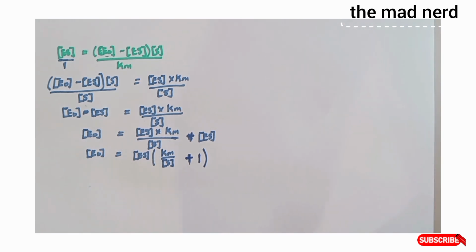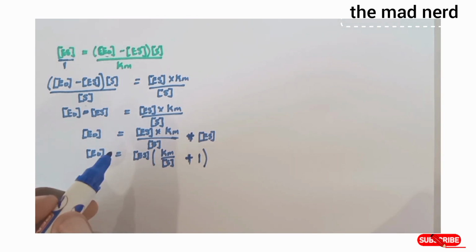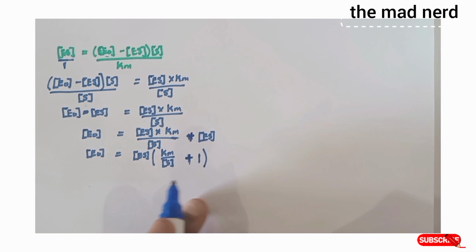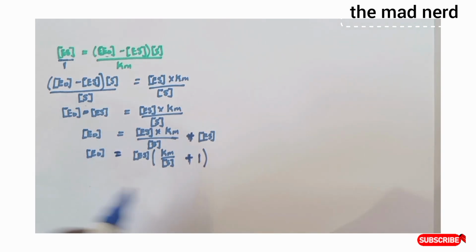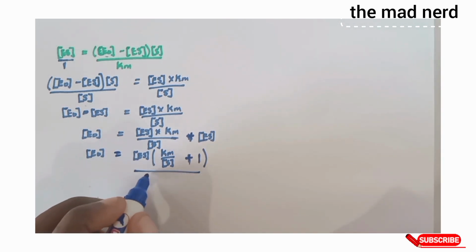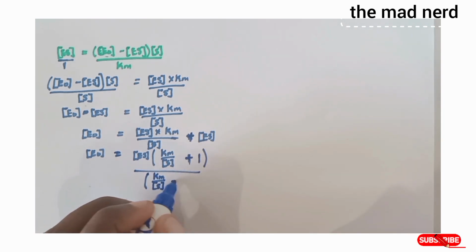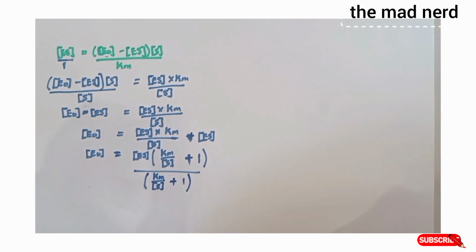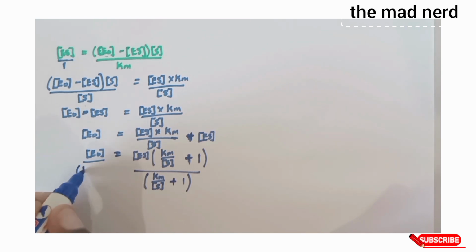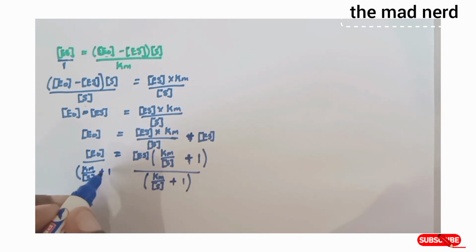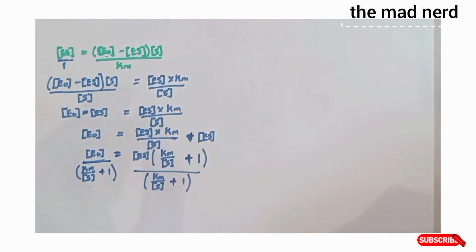So now what you can just do over here is to make sure that we are left with a concentration of ES only on this side, and then let's do so by dividing over by Km over the concentration of substrate plus 1, and then we are having over here also on this side the Km over the concentration of substrate plus 1.